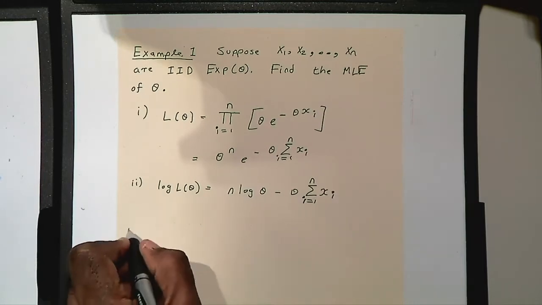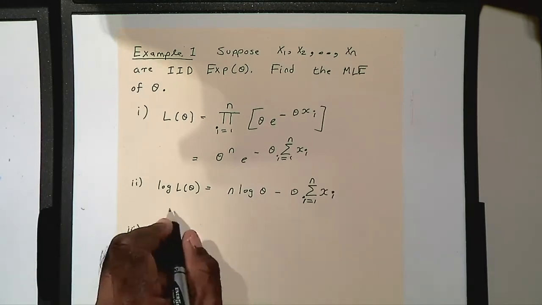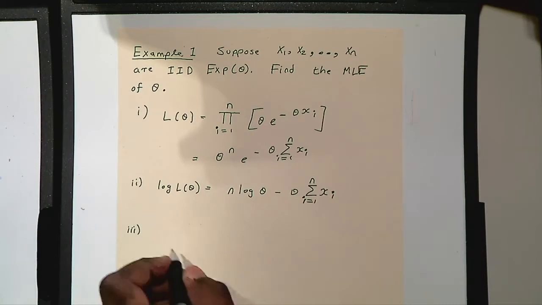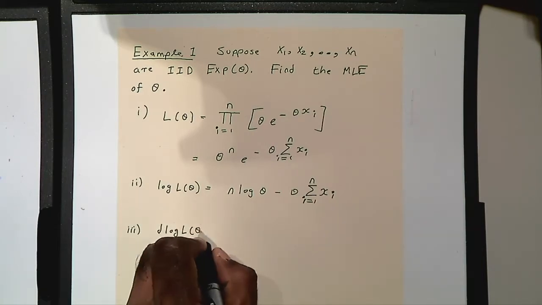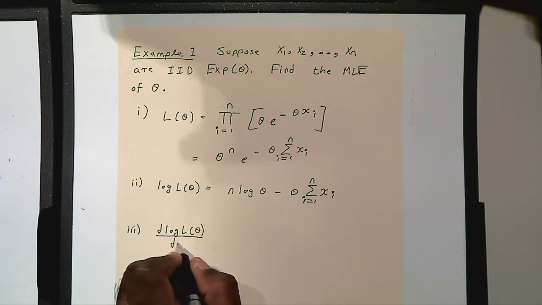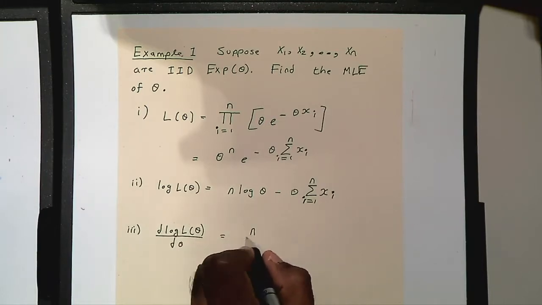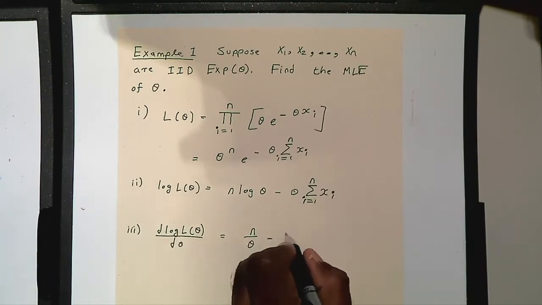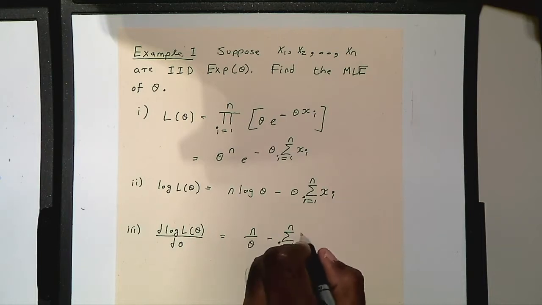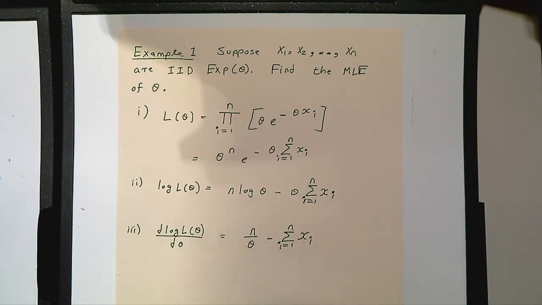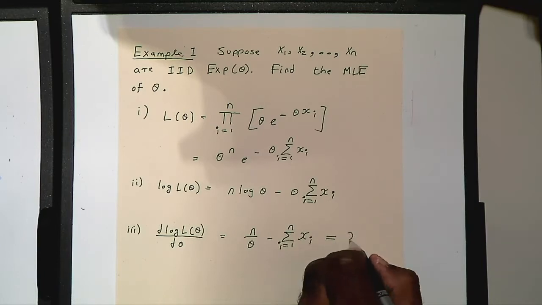And step number 3 is to take the derivative with respect to theta. So okay, and set this to 0.